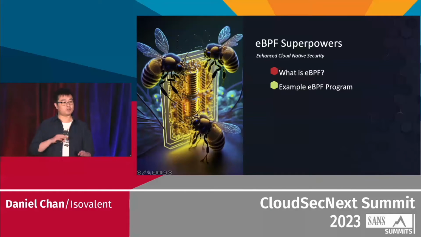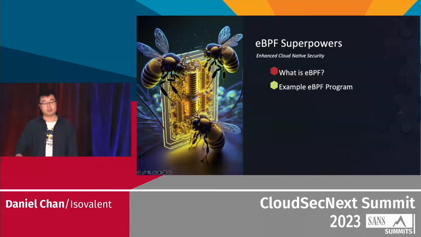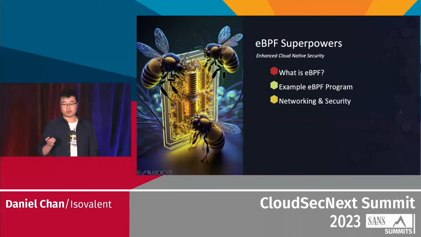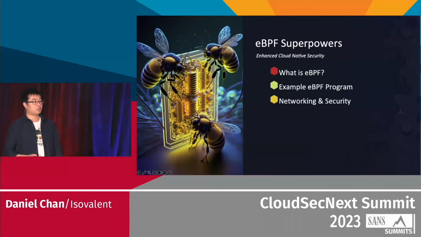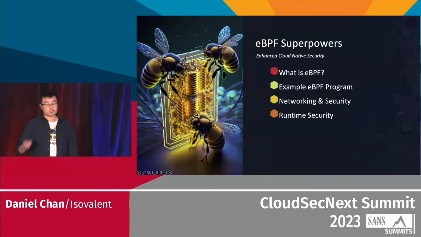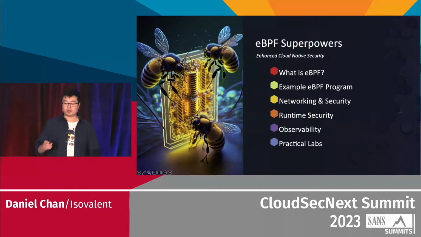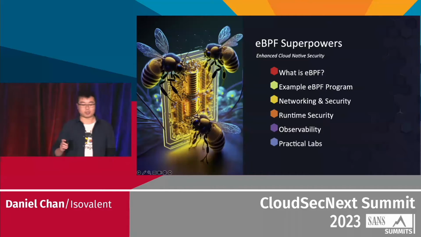And then we'll go through an example eBPF program. We'll actually look at the different components of what it takes to get an eBPF program written, what it takes to get into the kernel. And then after that, we'll go through some applications for it, specifically in networking and security, runtime security, observability.